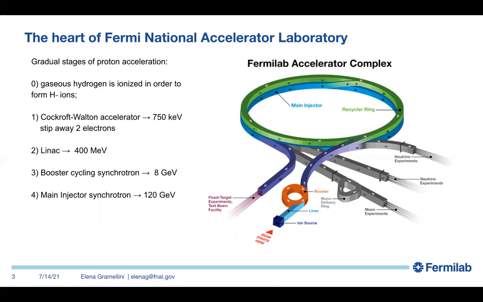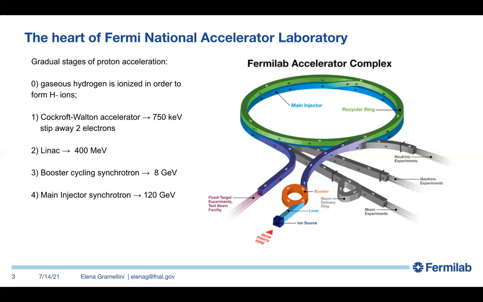Basically, the final product is a bunch of very, very fast protons, and you do a bunch of things with them. Mostly you smash them onto something in order to create the beams of particles that you're going to study. But you start with gaseous hydrogen, which is ionized to be negative, in order to create your protons, and you create your fast protons.